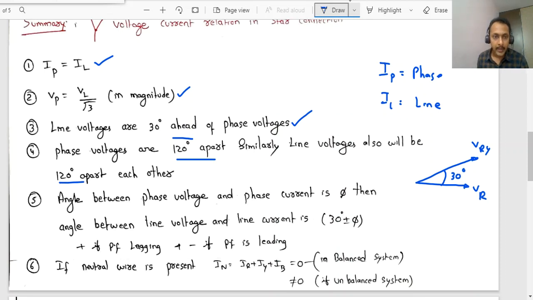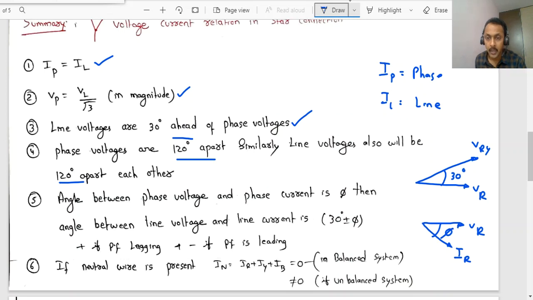Now whatever the angle existing between the phase voltage and phase current, for example if this is the R phase voltage VR, and the phase current is IR, and the angle difference between the phase voltage and phase current is phi, what will be the angle between the line voltages and line currents?